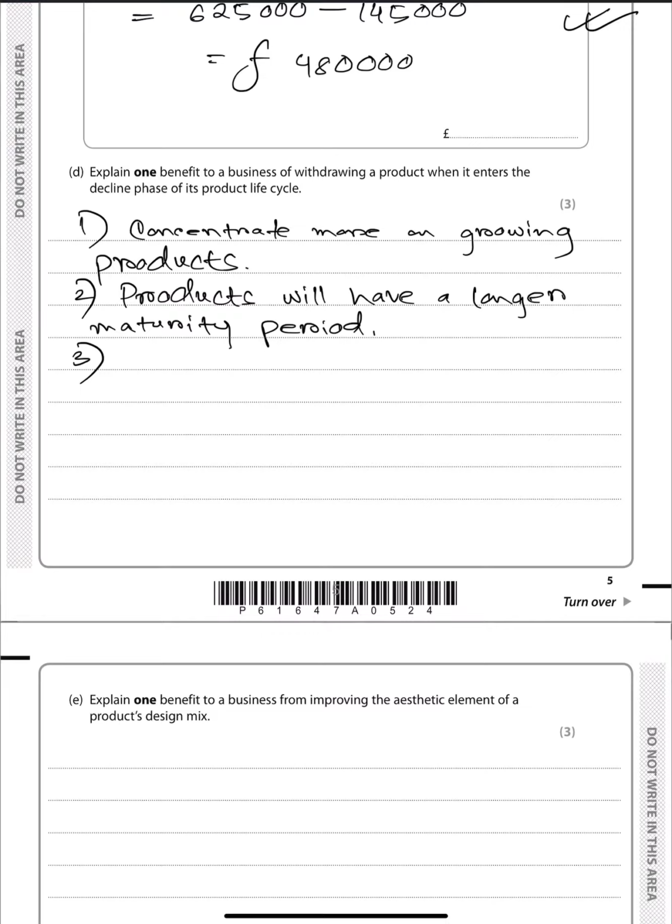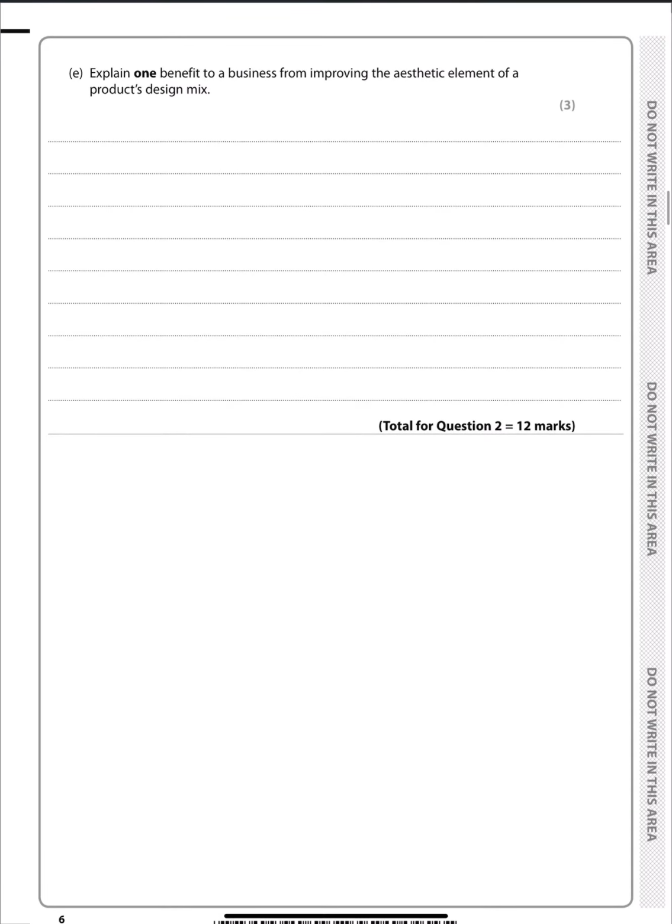In that case, my products will work on for a longer period of time and my market share will increase. That gains my 3 marks. So first, identify a benefit, how the benefit is a benefit for the business, and how this will in turn affect the business in a positive way.